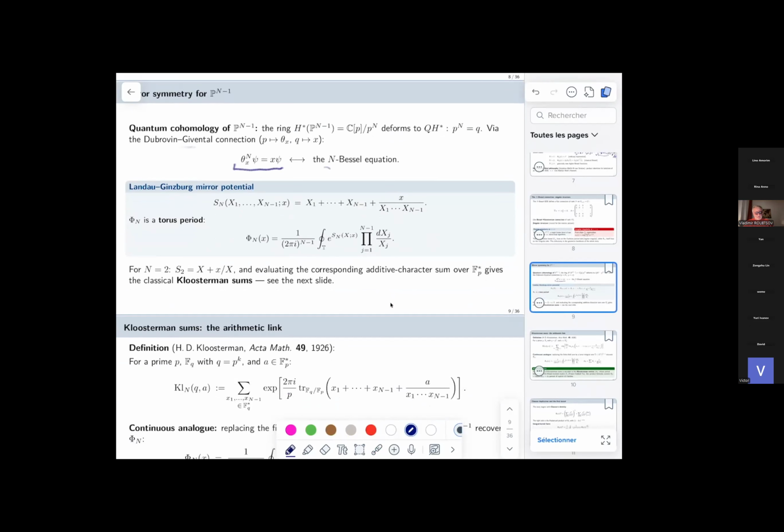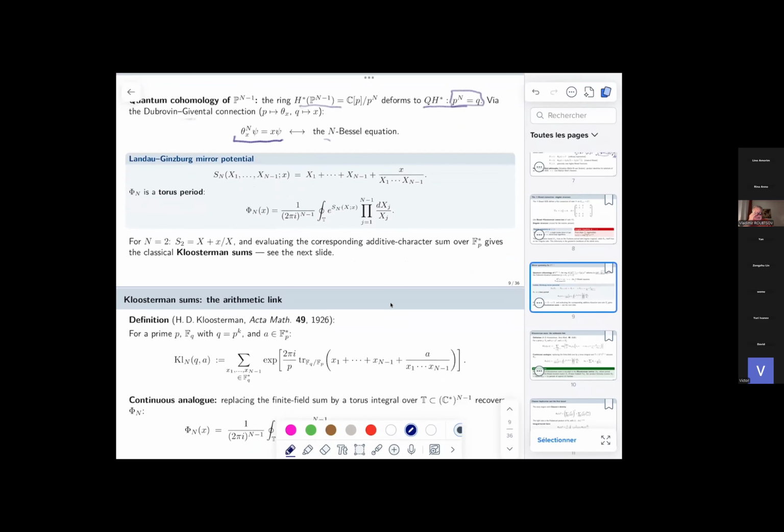You remember that the usual cohomology of a projective space is a polynomial quotient by the condition P^n equal to 0. And the relation in the quantum cohomology, a deformation of this, can be interpreted as the symbol of my n-Bessel equation.